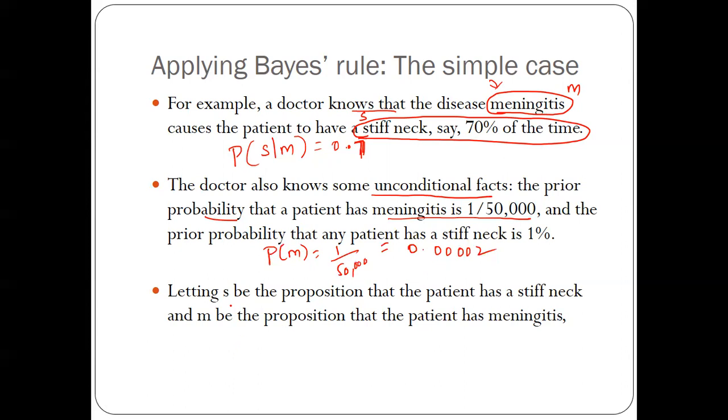Now the doctor also knows that the probability that a patient has a stiff neck is 1%. So the probability of S is 0.01.